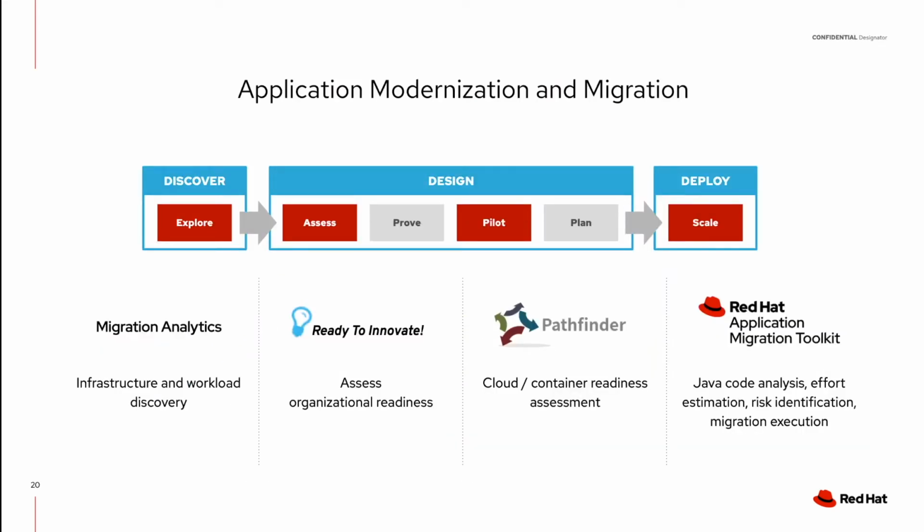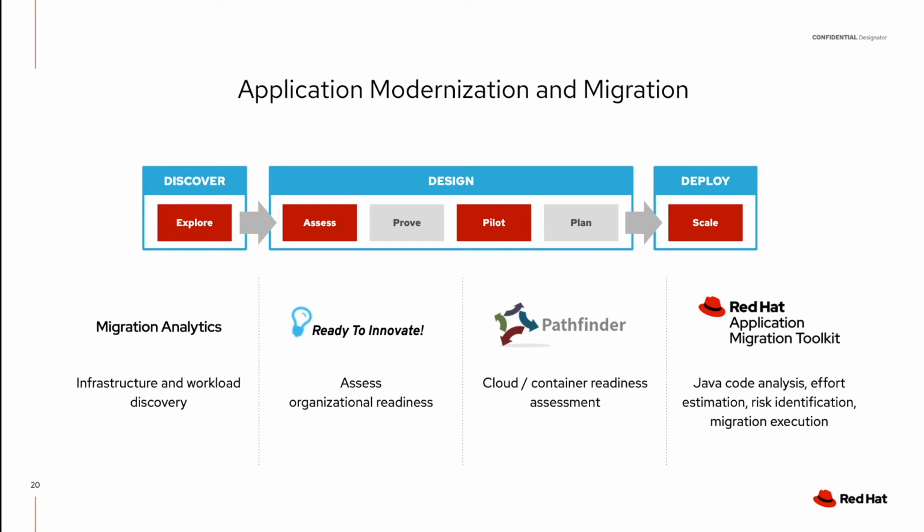During the last webinar, we demonstrated migration analytics that collects inventory of all infrastructure and applications to identify immediate opportunities for cost saving by migrating virtualized IT infrastructure to open source technologies. The next step before embarking on an application modernization project is to assess your organizational readiness. Red Hat offers a tool called Ready to Innovate and Red Hat DevOps Scorecard that benchmarks against industry peers to assess current organizational readiness.